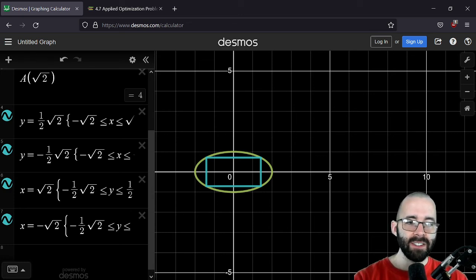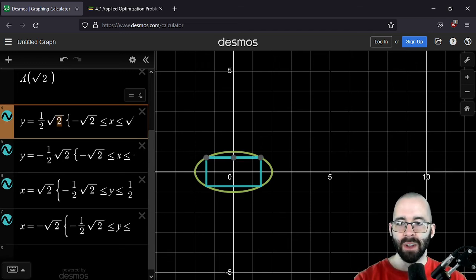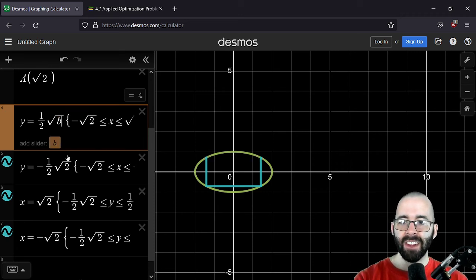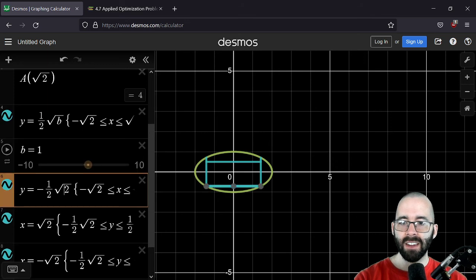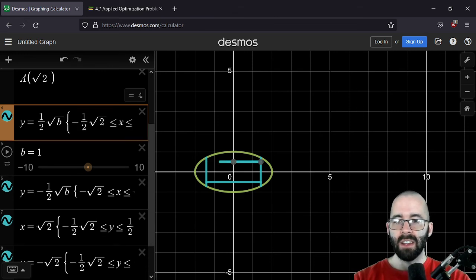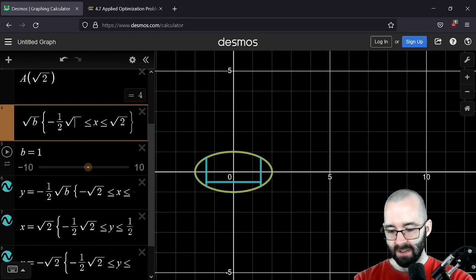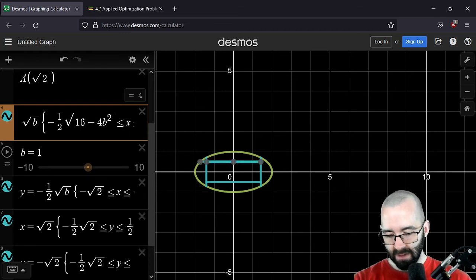So we can do this for any B, actually. This rectangle for any B. I think what we're going to do is actually kind of complicated. I think we just replace this with B. And then X is going to always be just 1/2 times the square root of 16 minus 4B squared, I think.